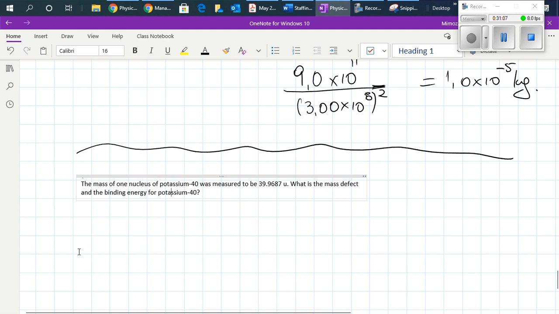What we are looking for here is the mass defect and the binding energy of potassium.